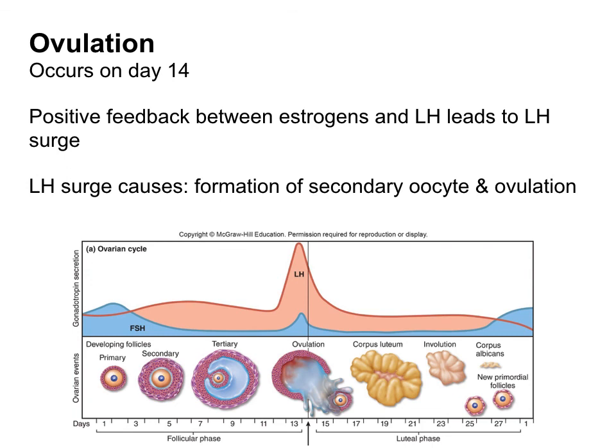Ovulation is going to occur typically on day 14 of a 28-day cycle. And in the days leading up to day 14, there is a positive feedback cycle run by the estrogens and luteinizing hormone. As estrogen levels increase, it triggers an increase in luteinizing hormone production.